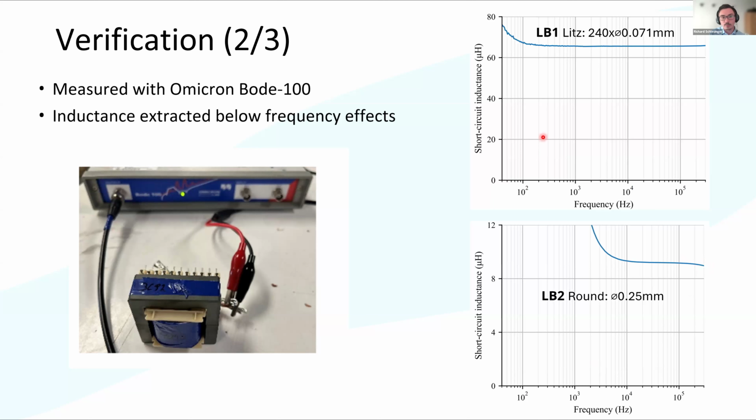Also, anyone who has measured short circuit inductances will know that at the very low frequency regime, you see a very high inductance, but this is not the leakage inductance. This is the magnetizing inductance masking the leakage inductance.